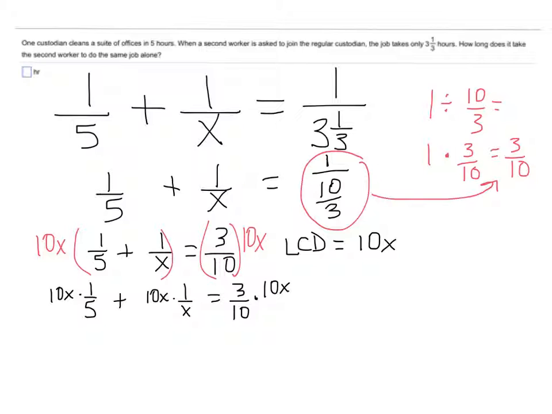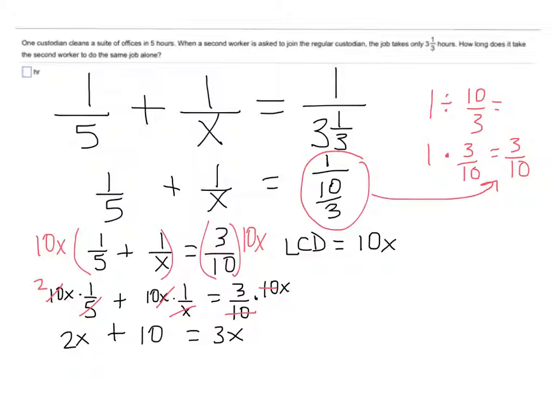If you use a common denominator, you won't have fractions left in your equation. So 5 will go into 10 twice, so I'll have a 2 and an x left in this first part. x will go into x, so for the second part, I'll have a plus 10. And then 10 will go into 10, and I'll be left with a 3x.